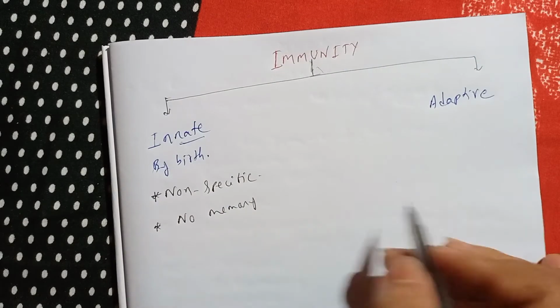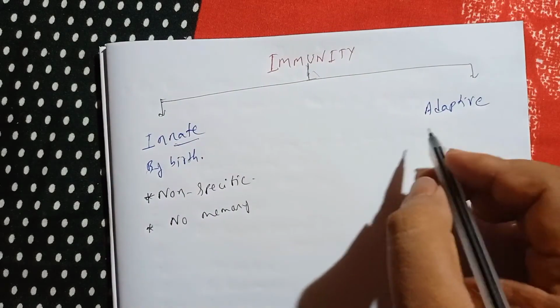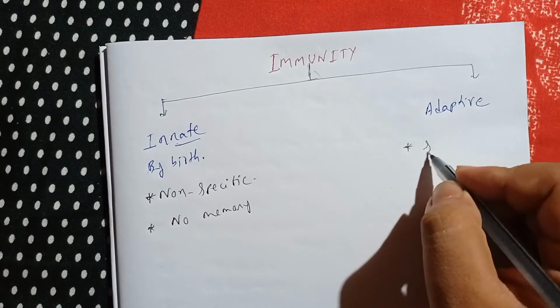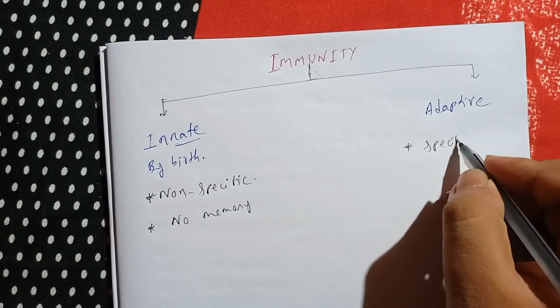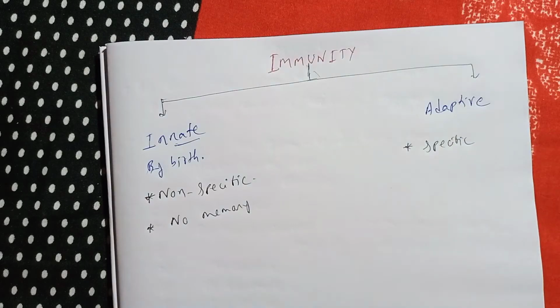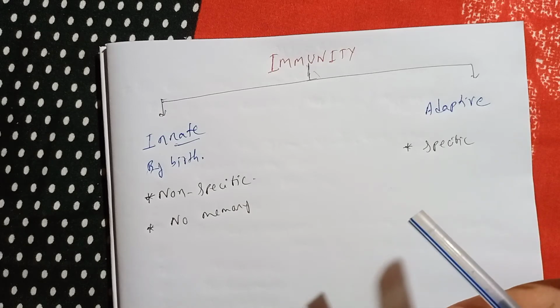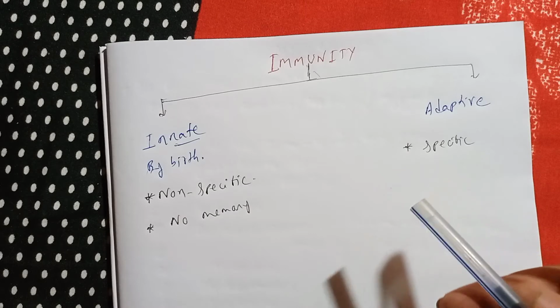Now, if I talk about adaptive immunity, it is specific. Let me give you an example. Suppose bacteria like Staphylococcus aureus or any other bacteria have entered our body and there are inflammations.